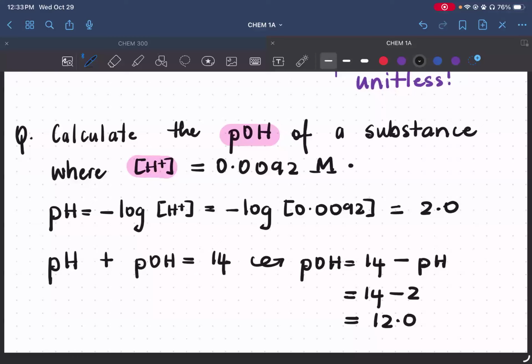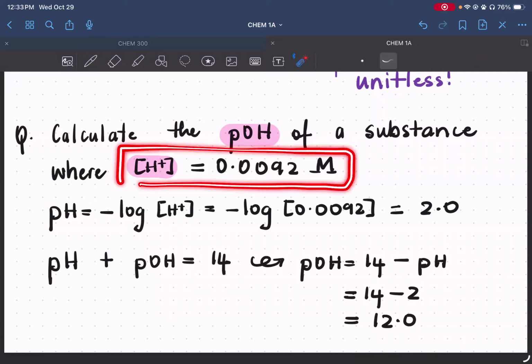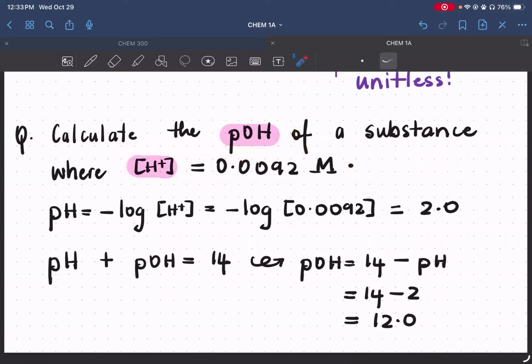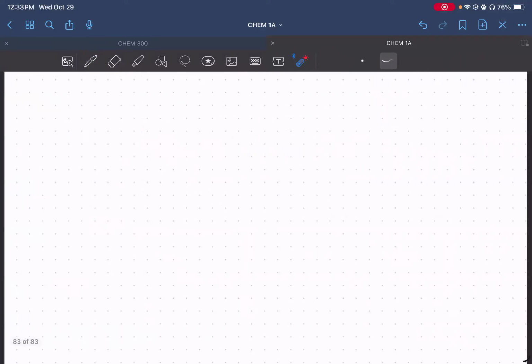And this question really encapsulates what I mean by acids and bases are a spectrum. Because as long as we know some information about the acidity, we can calculate or determine information about the basicity of it all. Let's try another one.